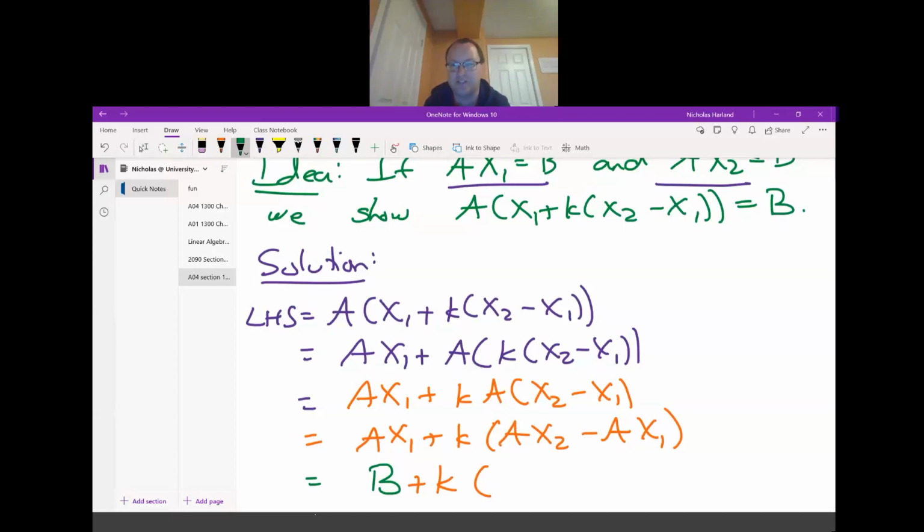Right, because x1 is a solution. That's right. Since x1 is a solution, ax1 is equal to b. What about ax2? Also equal to b. b minus b is 0. k times 0 is 0. b plus 0 is b. So that's equal to b, which is our right-hand side.